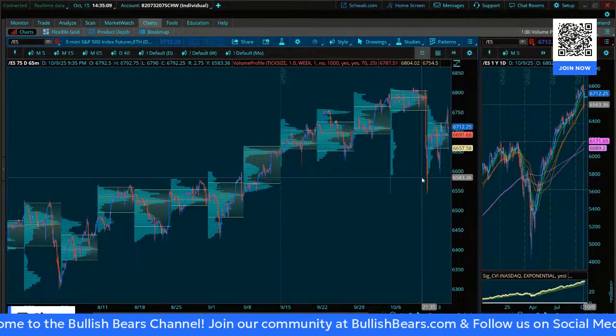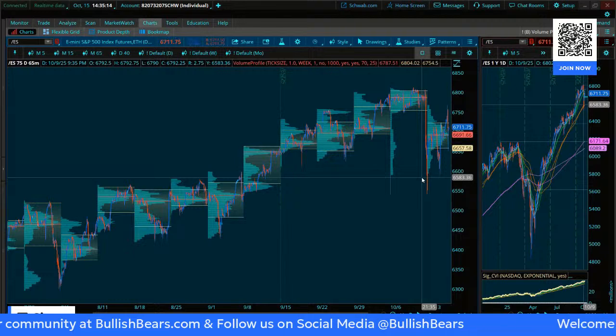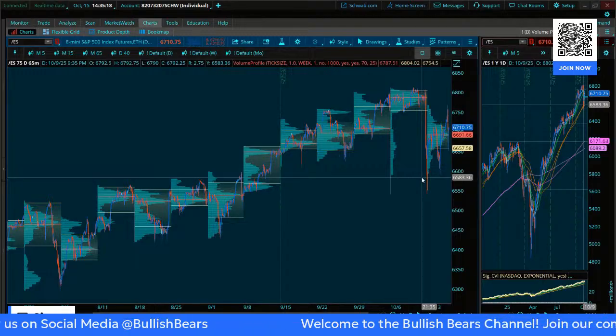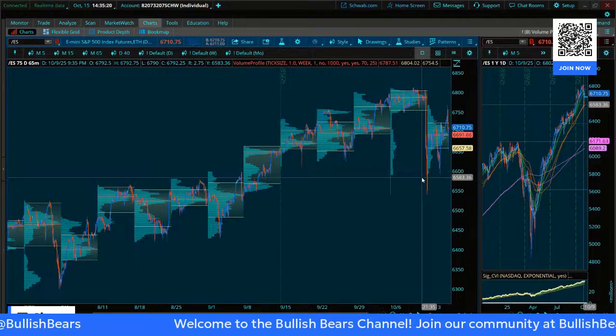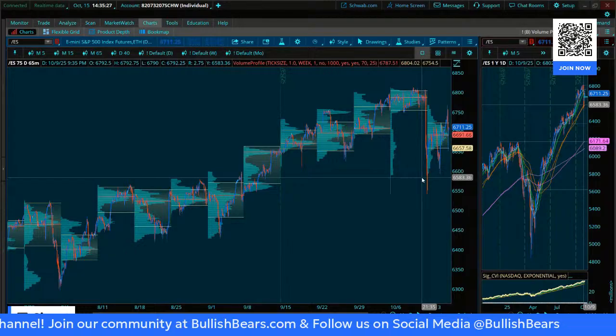It would be more granular information, but this chart isn't about granularity. It's about the bigger picture, what happened on the whole week. And so I like the 65 minute, but there's no magic to 65. Play around with it, try to find something comfortable for you.